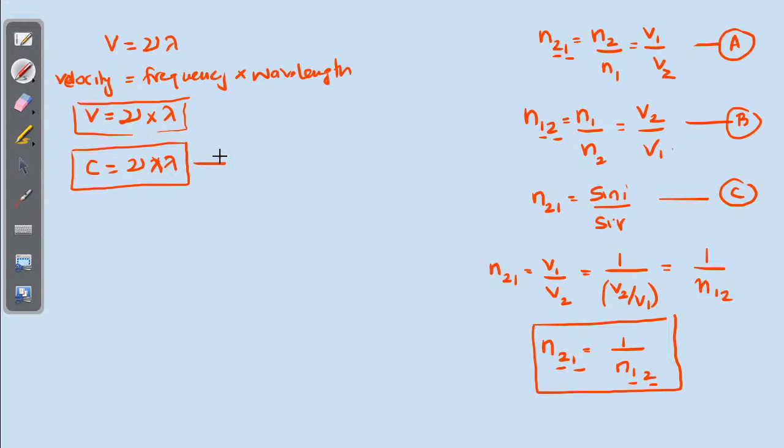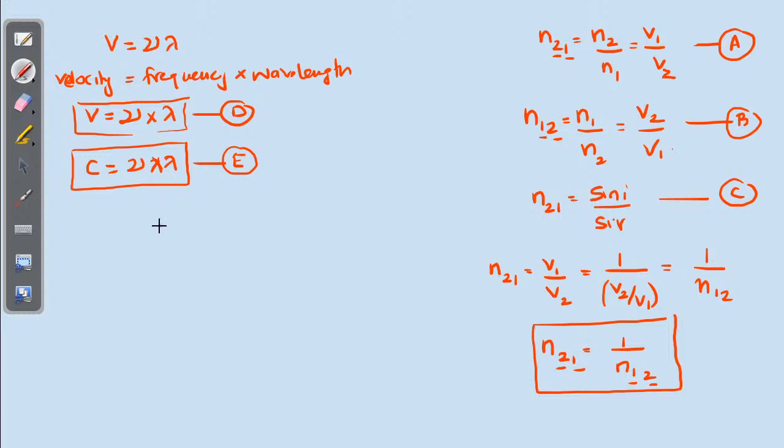I will call these equation D and equation E. Equation D is used only when light is traveling in some medium, for example water, glass, kerosene or some other kind of transparent medium: v equal to frequency into wavelength. And equation E is always used when your light travels in vacuum.